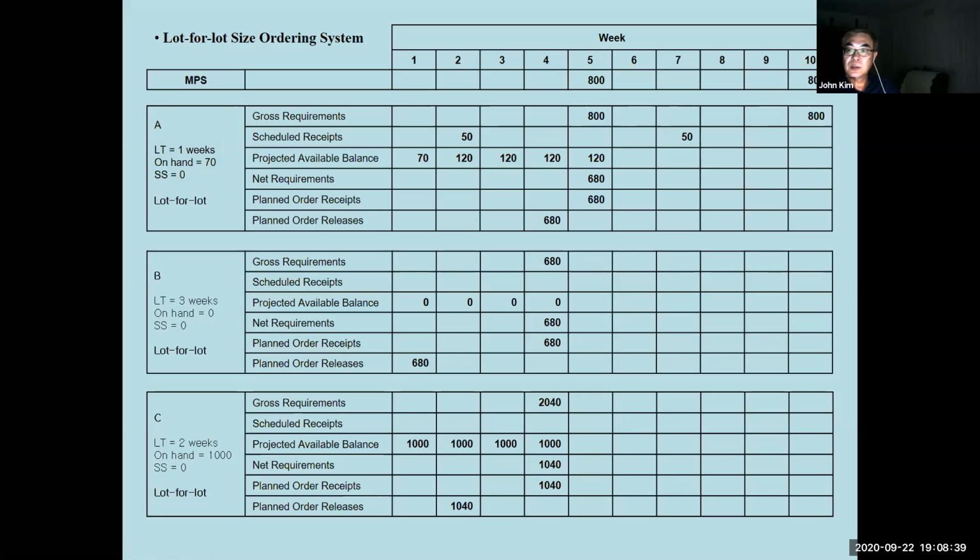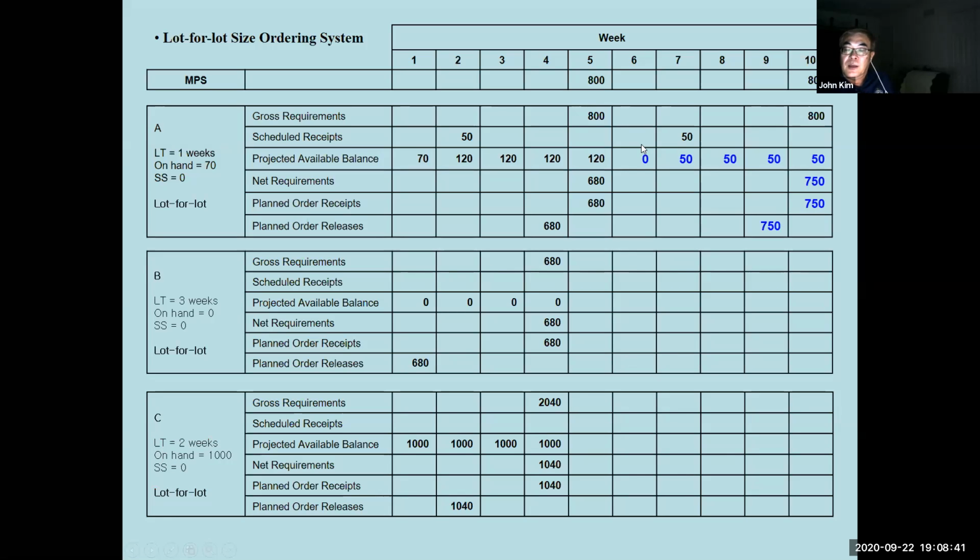And then 800 needed, available 120, receive 680. So total is 800, use 800, there is no carryover.